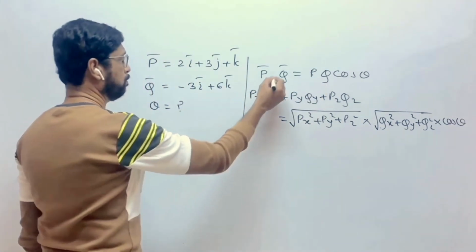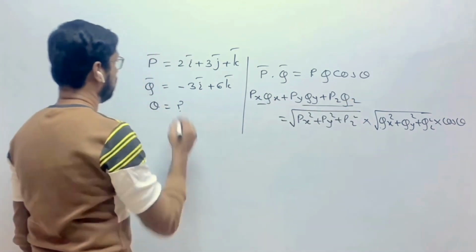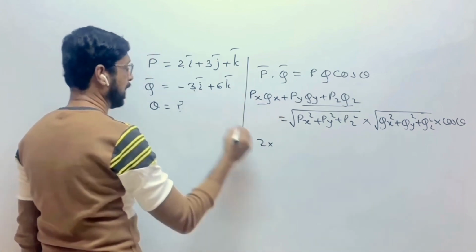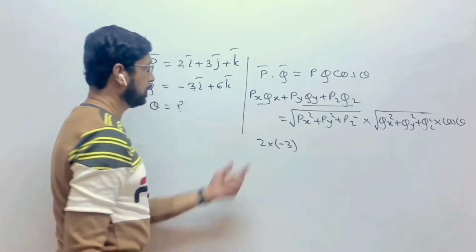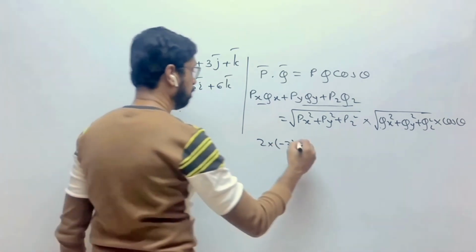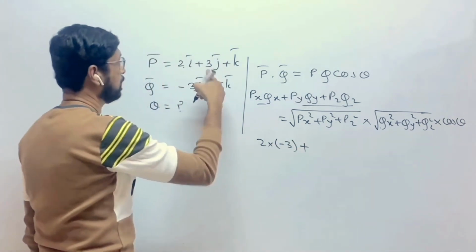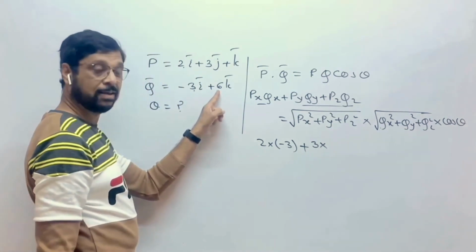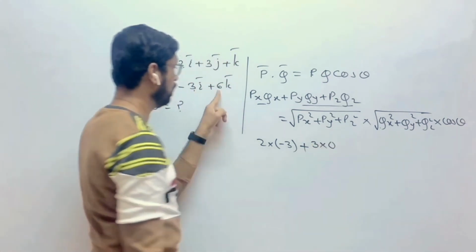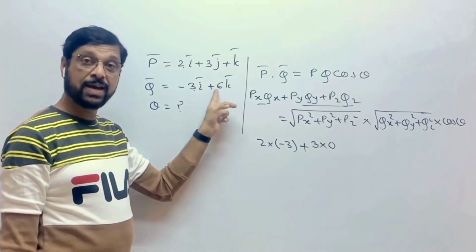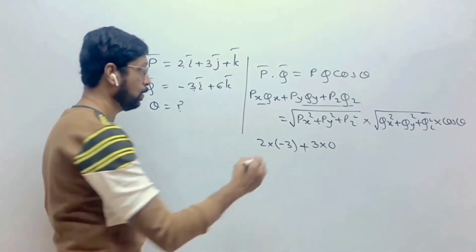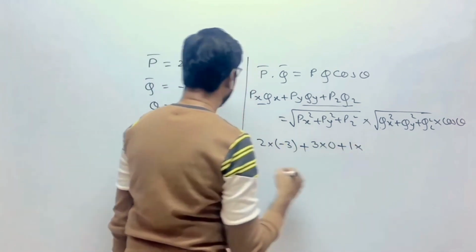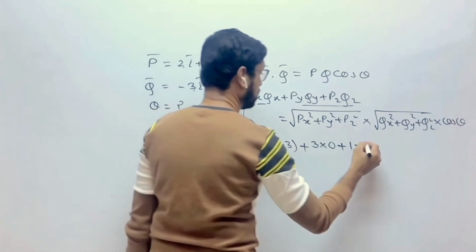So P dot Q, Px is 2, Qx is minus 3, that is Px Qx, plus Py is 3 into Qy is 0. J is not there here, means it is 0, plus Pz 1 into Qz 6.